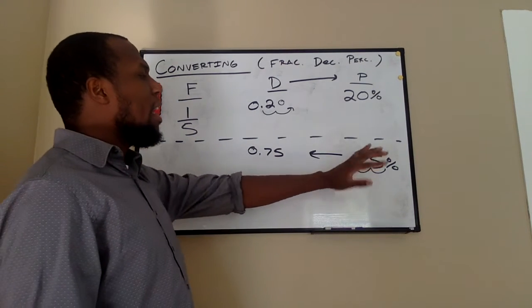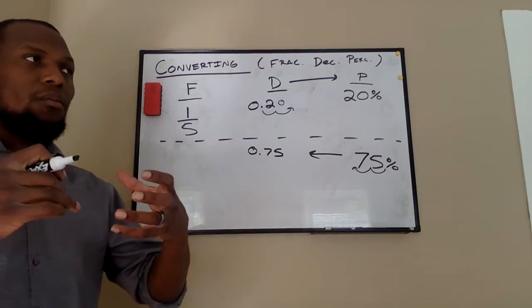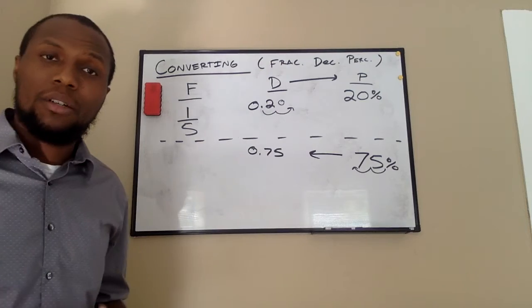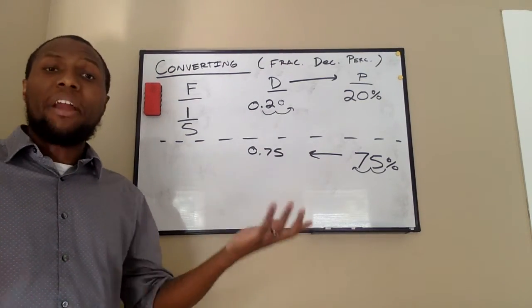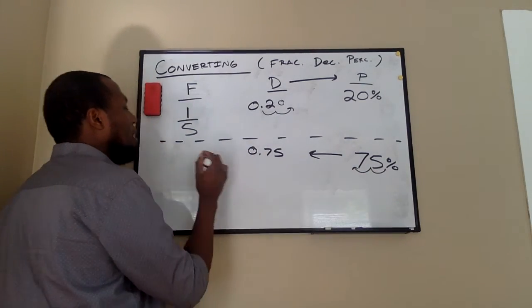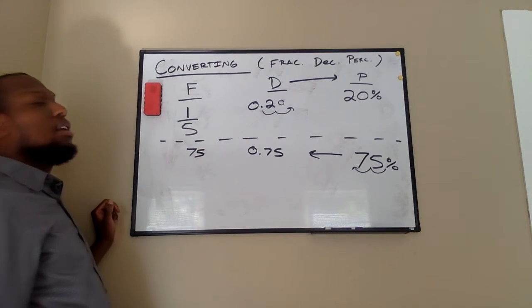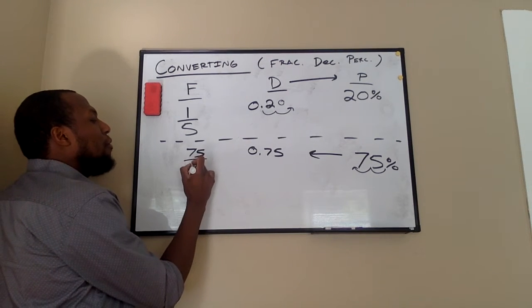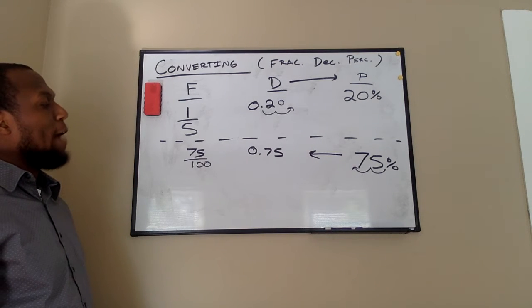Now, with the percent, I like to think about it this way. 75%, that's out of how much? It's going to be out of 100%. So we can start with the percent and turn that into a fraction, 75 out of 100.